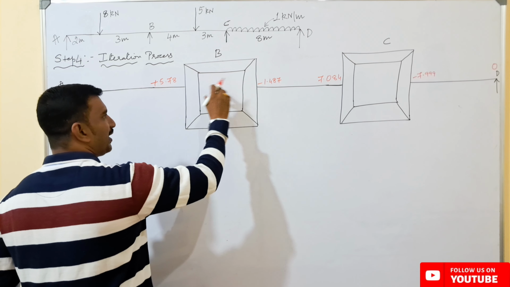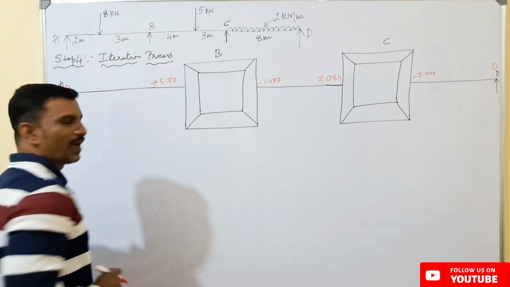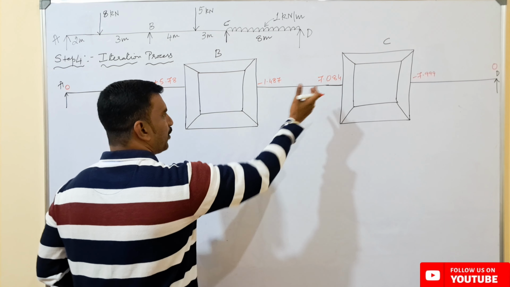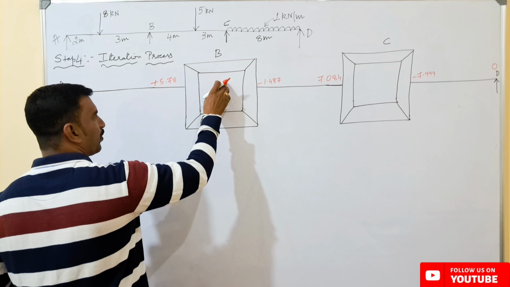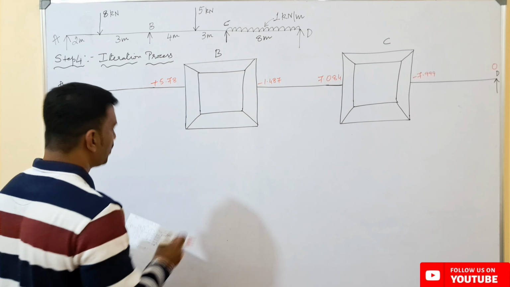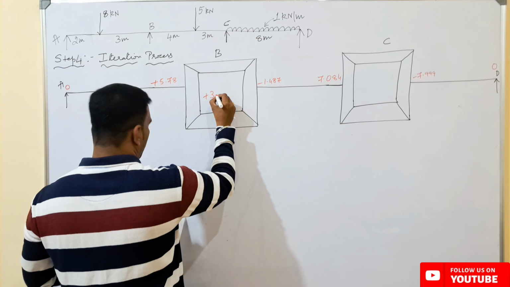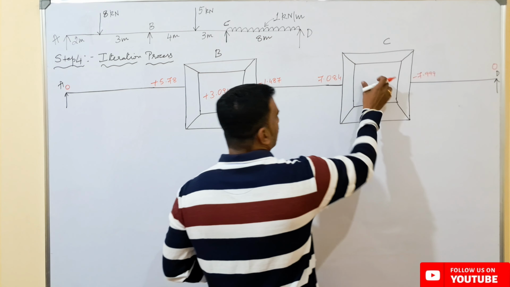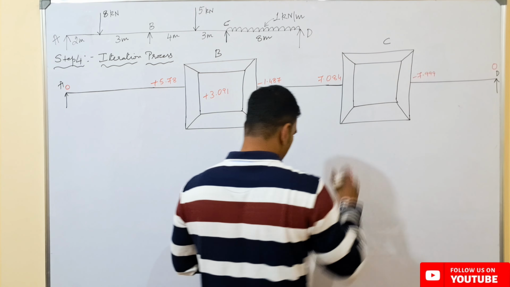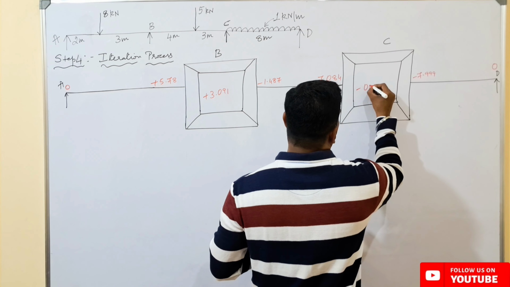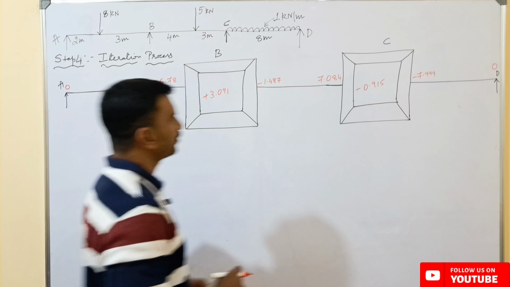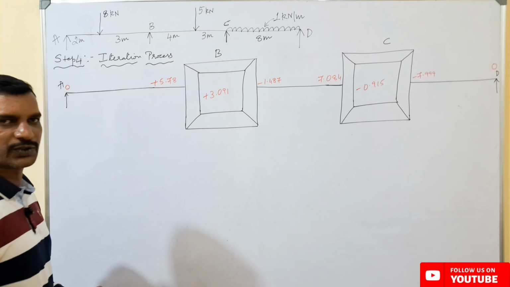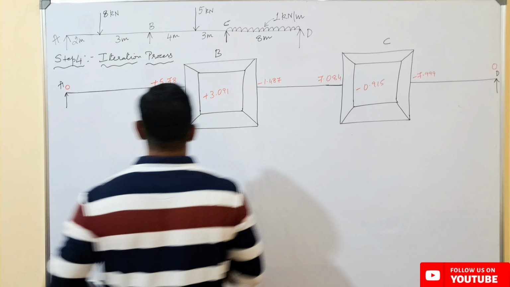Inside this box we have to write the summation of these two values, that is the fixed moment from B to A and the fixed moment from B to C. So the summation of these two values I write in this box, which will be plus 3.091, and here the summation of these two values will be minus 0.915. And inside this value over here, I have to consider the rotation contributions we calculated in step 3.